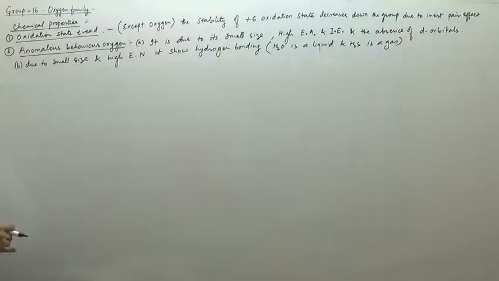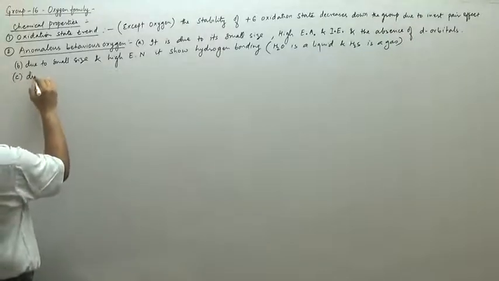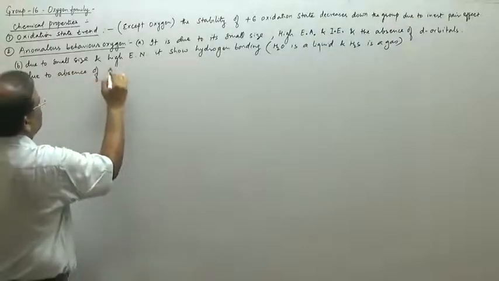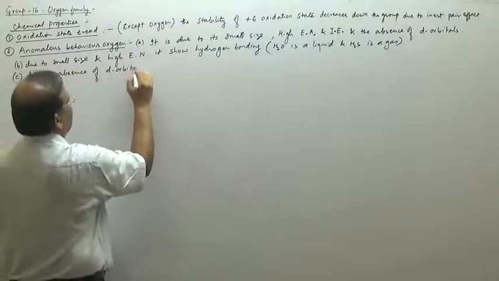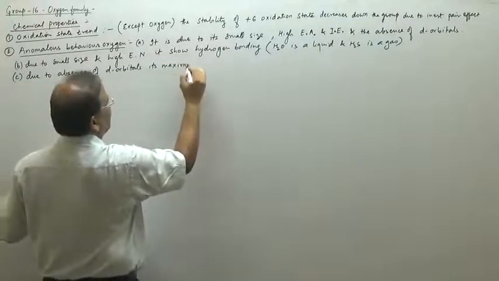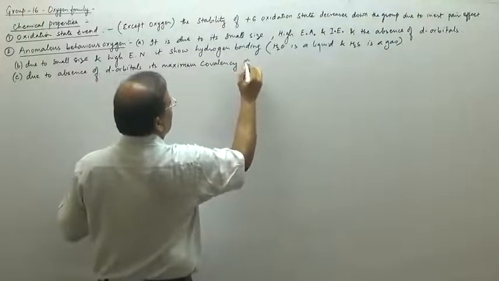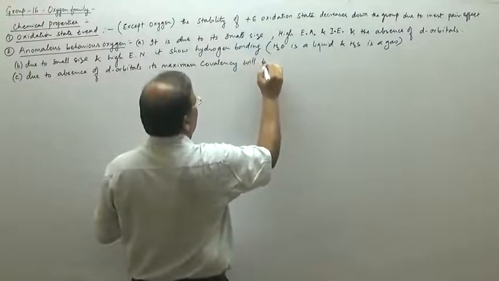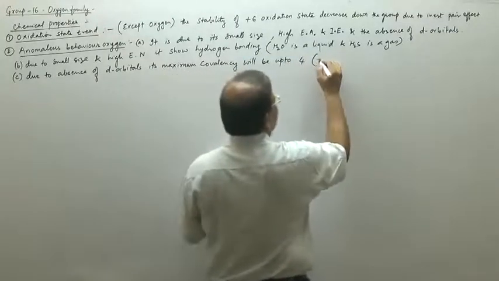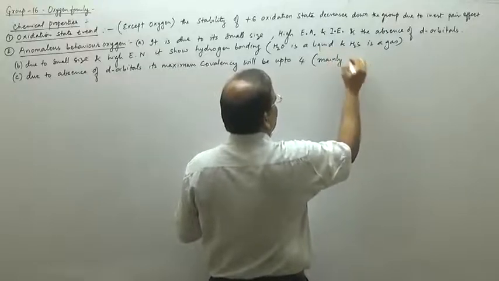Due to absence of d orbitals, its maximum covalency can be up to 4. But mainly it shows 2.